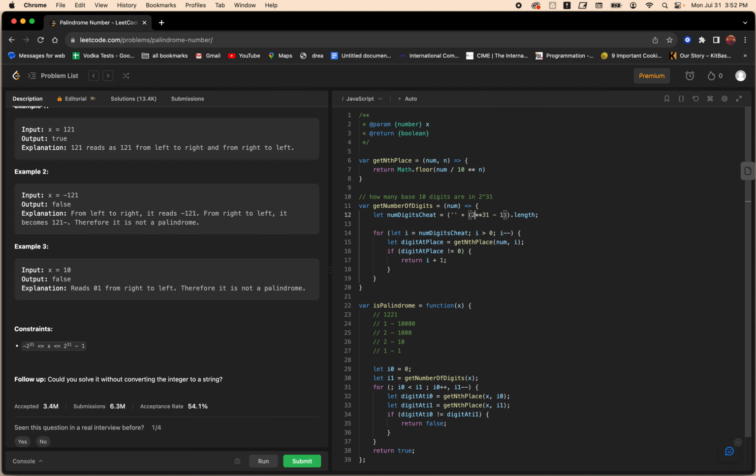I'm going to instead convert it to a string in base 10 in this code, find out how long that is. That is the number of digits, okay? Then, the number of digits in base 10 is where we start. That's the maximum number of digits that any number in the input can have. And then we want to make sure it's greater than or equal to 0. Then we'll start subtracting.